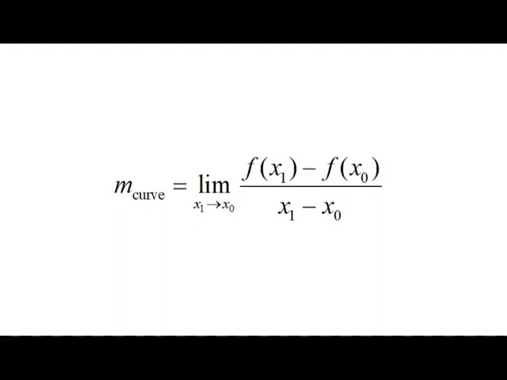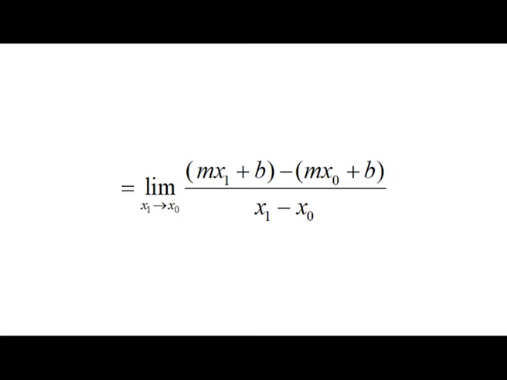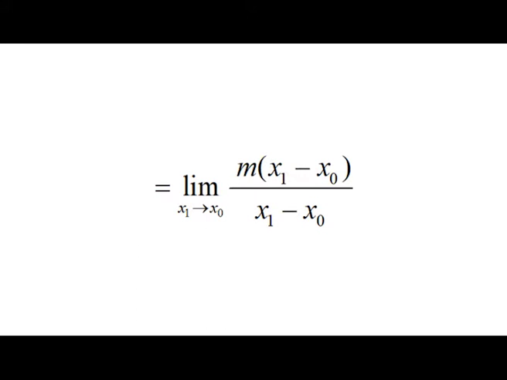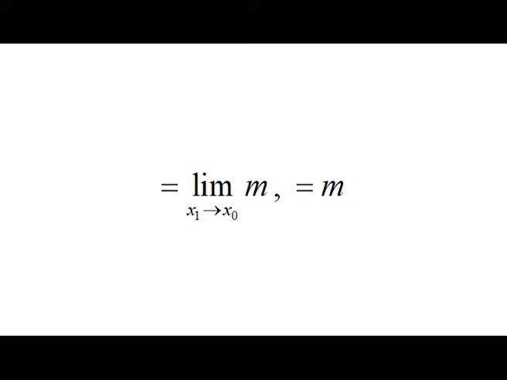Letting f of x equal to mx plus b, we have m curve at the point p of x naught, f of x naught, is m curve equal to limit of f of x1 minus f of x naught upon x1 minus x naught as x1 approaches x naught, which is equal to limit of mx1 plus b minus mx naught plus b upon x1 minus x naught as x1 approaches x naught, which is equal to limit of m times x1 minus x naught upon x1 minus x naught as x1 approaches x naught, which is equal to limit of m as x1 approaches x naught by cancelling common factors, which is equal to m.